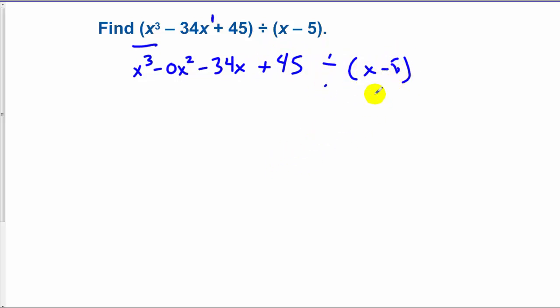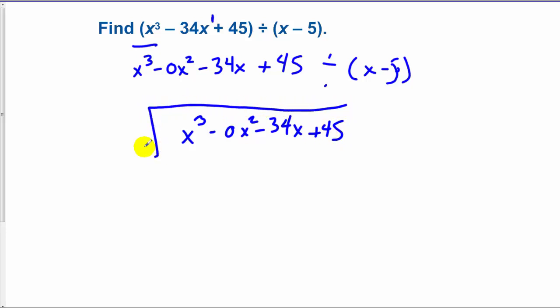So when I set this problem up, I'm going to write x cubed minus 0x squared minus 34x plus 45. Now divide that by x minus 5. And work this problem out with my placeholder in the problem. Very important step. So I say what multiplied by x is x cubed, that's x squared.